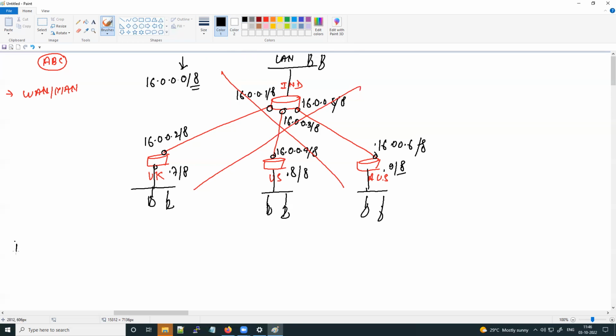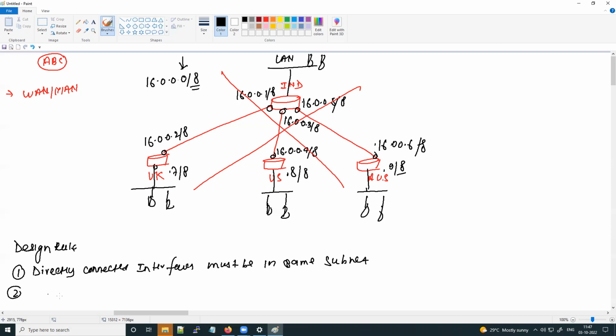Then what is the design rule? Design rule first: directly connected interfaces must be in the same subnet.